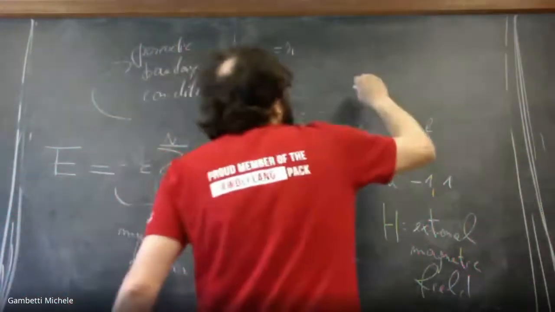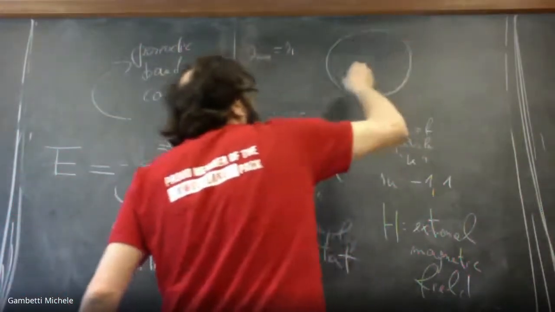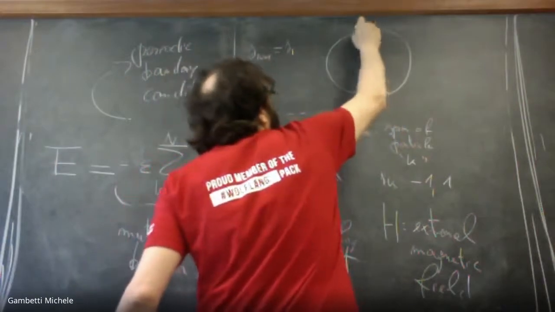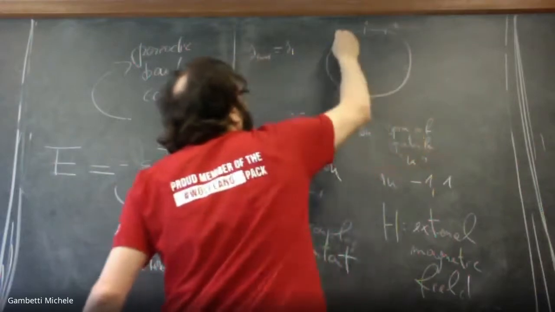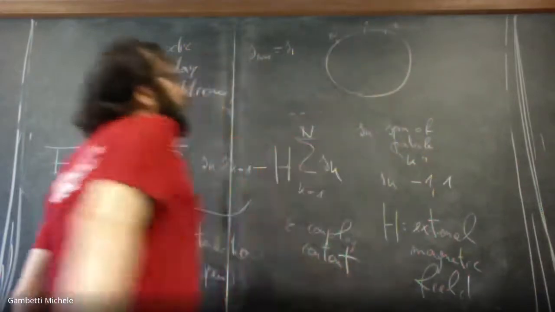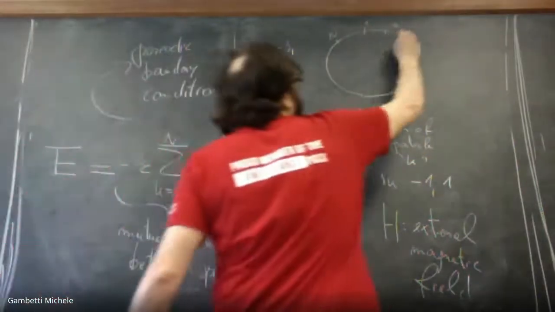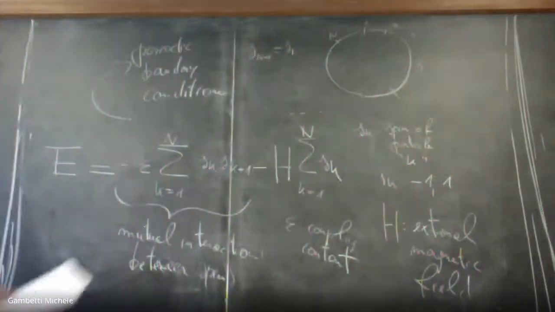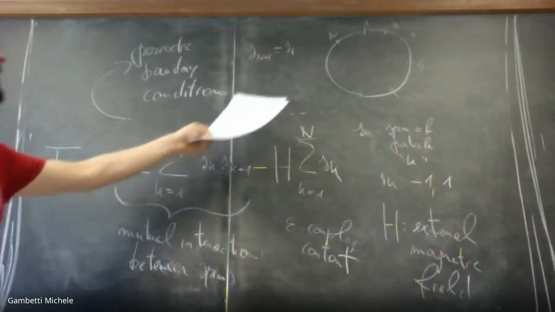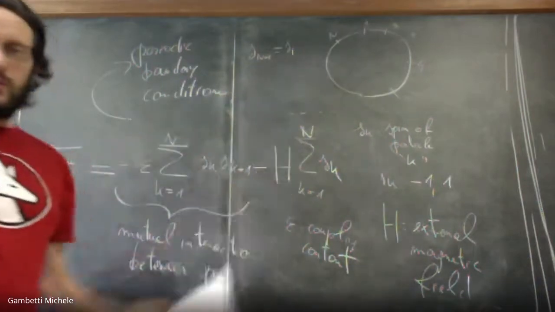So basically, it's just like having a kind of circle of spins. This is 1, this is 2, etc. up to n, and then you go back to 1. Okay. So we introduce this periodic boundary condition, in which s_{n+1} is equal to s_1.